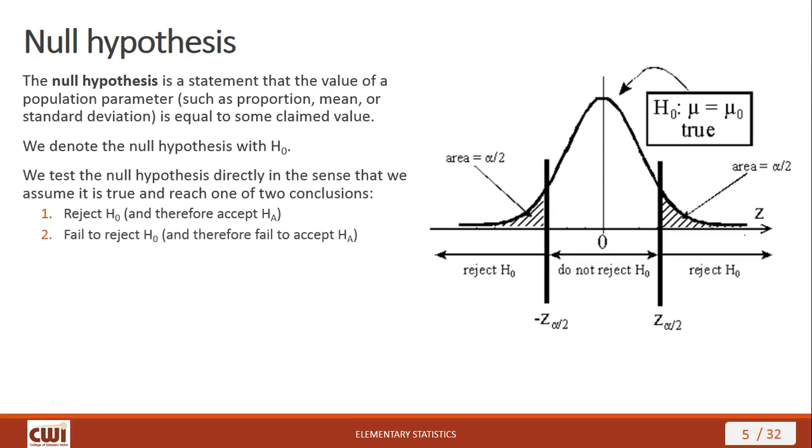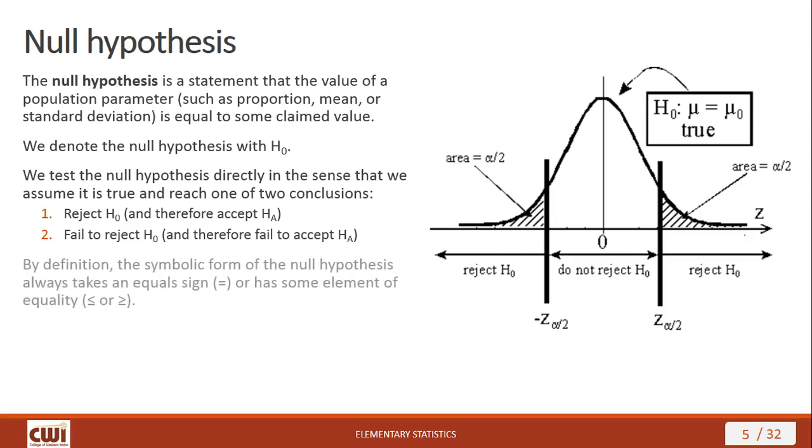Second, we could fail to reject H naught, and therefore fail to accept the alternative hypothesis. Now, as I said before, by definition, the symbolic form of the null hypothesis will always take an equal sign. So when you're working out your problems and you're asked to find out what the null hypothesis is, you need to understand that it's always going to take the equal sign.